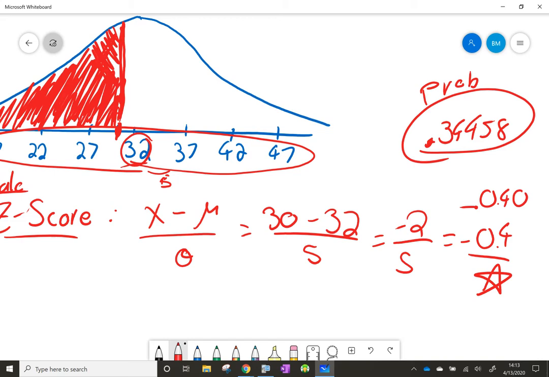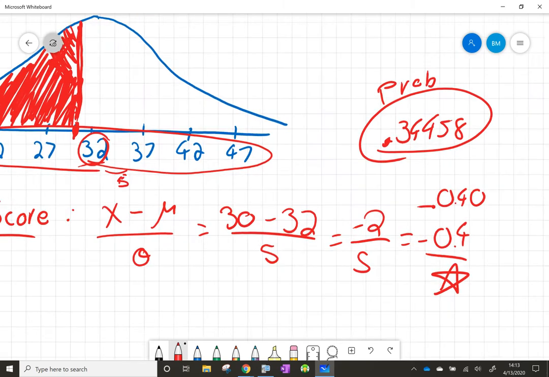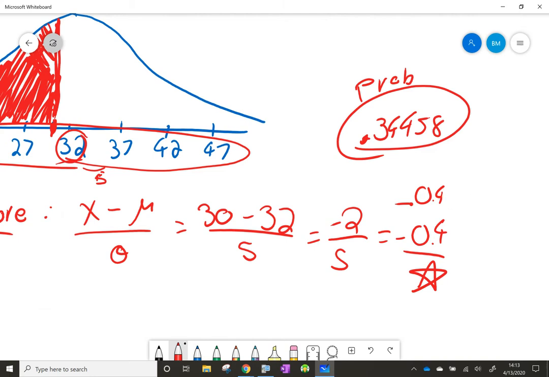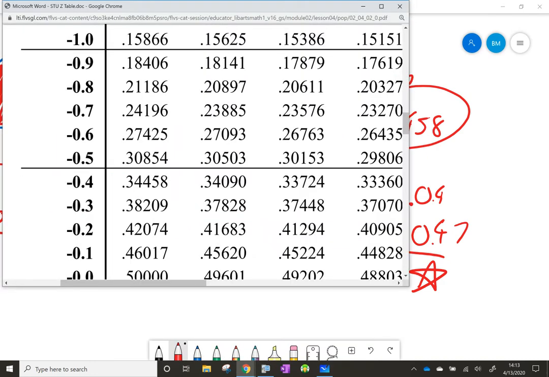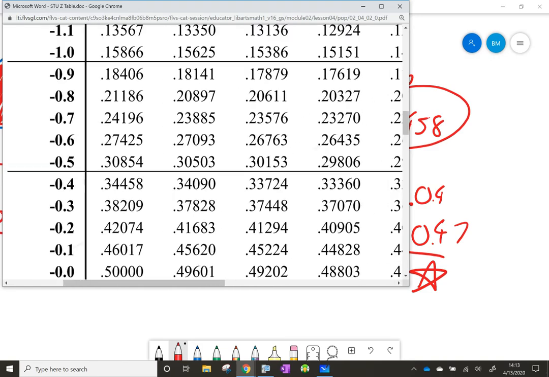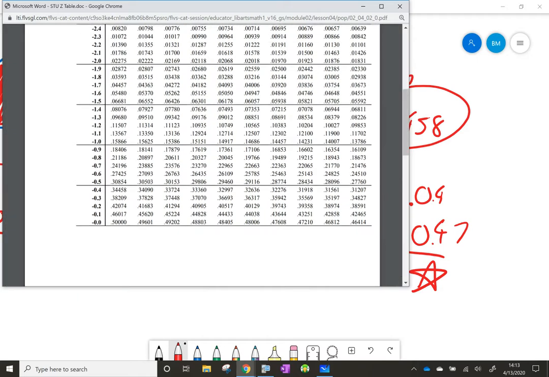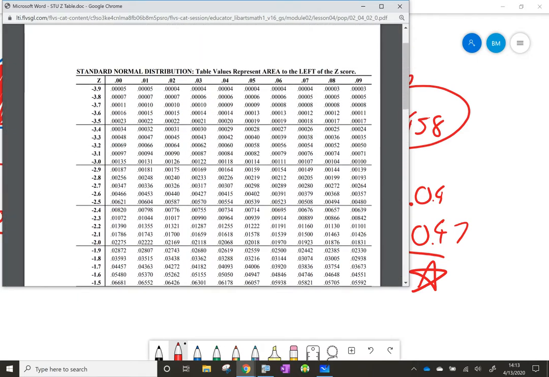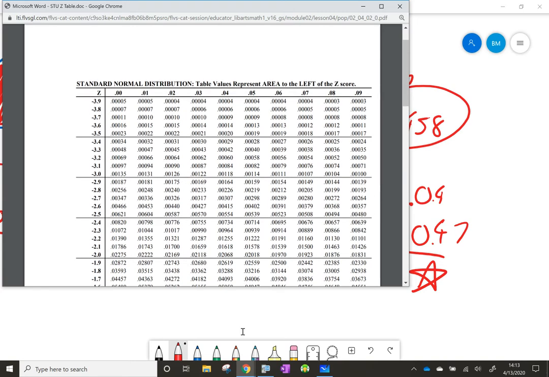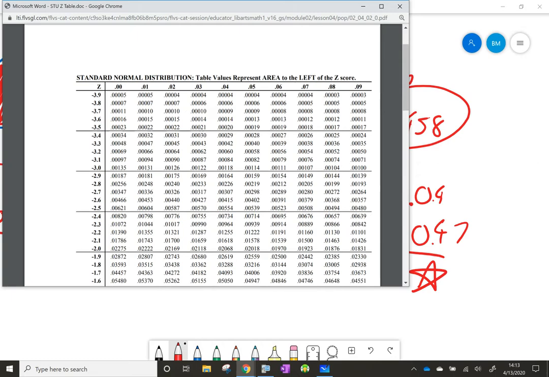Just to quickly tell you what the rest of that table was. Let's say, for example, our z-score ended up being negative 0.47, just to show you how to read this a little bit better. If it was negative 0.47, I'd go to the negative 0.4, the same row I was at, but then I'd go over to the 0.07 part. So if you can look at the top, again, I can't write on it, unfortunately, but on the top row where it says 0.07, you're looking at that column.